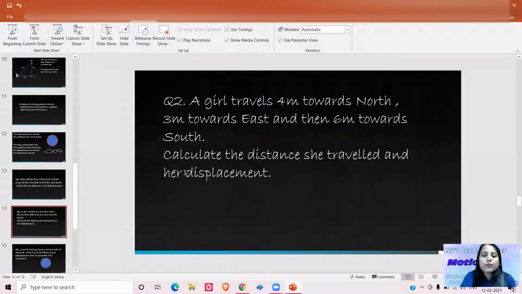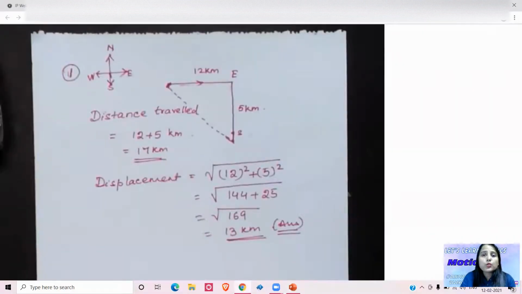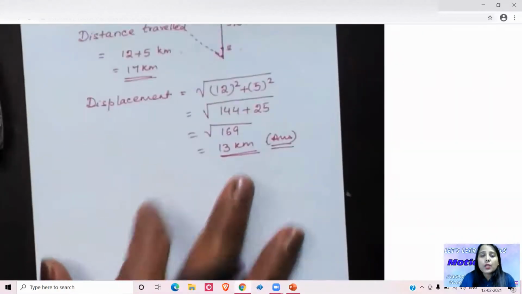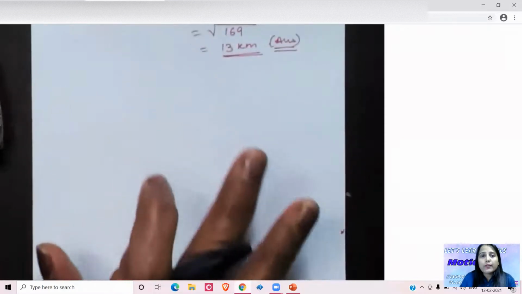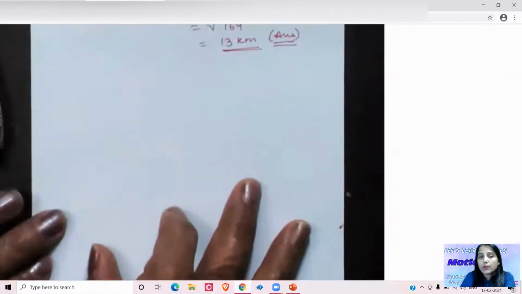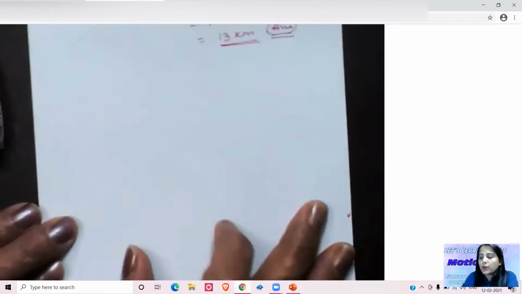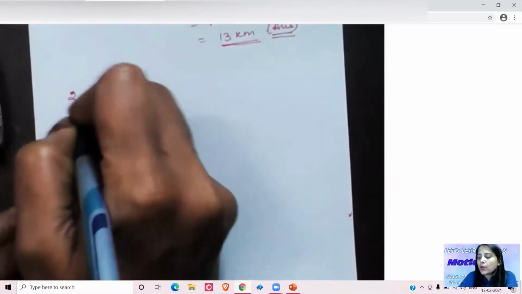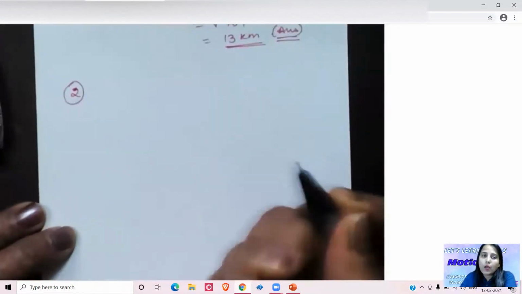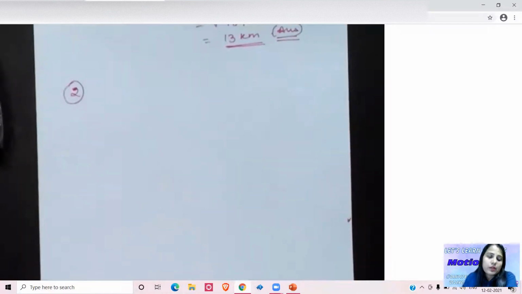So again, keep this in mind, that whenever you are solving these types of sums, you have to draw the diagram. Diagram comes useful. Without a diagram you cannot picturize or think how it is going to be solved.